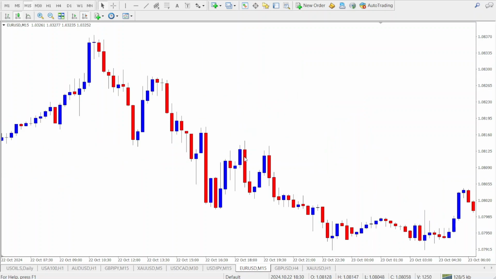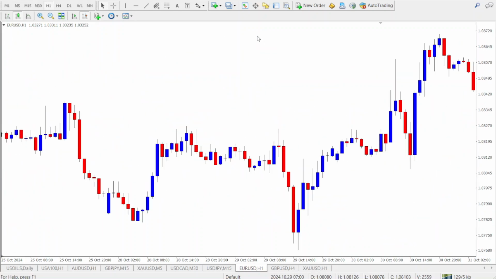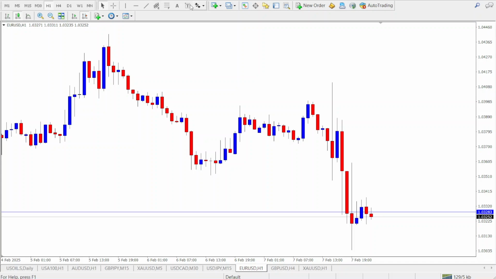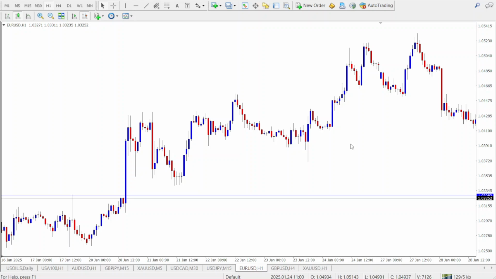Why does this matter? Because price action looks different depending on the time frame you are viewing. For example, a bullish trend on the 1 hour time frame might actually be a retracement on the daily chart.